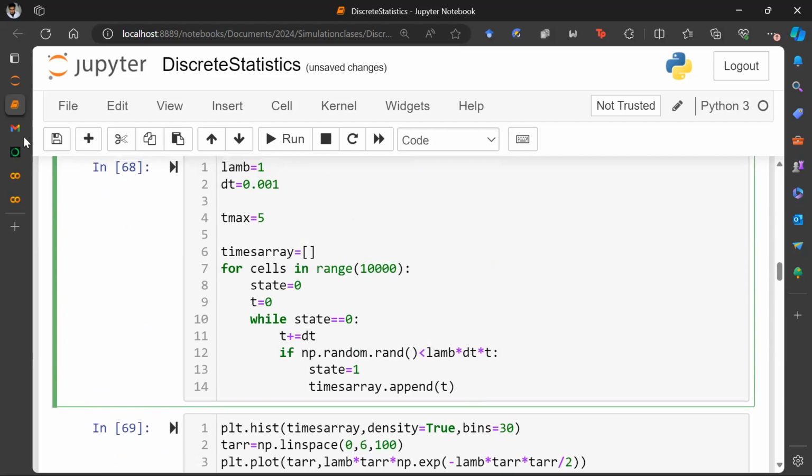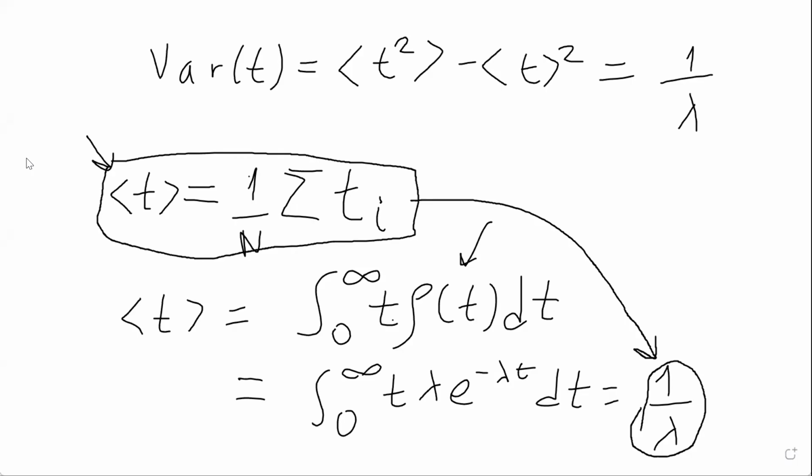Okay, so let's see quickly this example. Now you have a state that jumps from 0 to 1, and the rate is not a constant anymore, but a function of time. In this case, it's lambda times t.